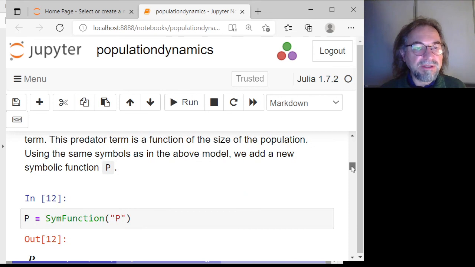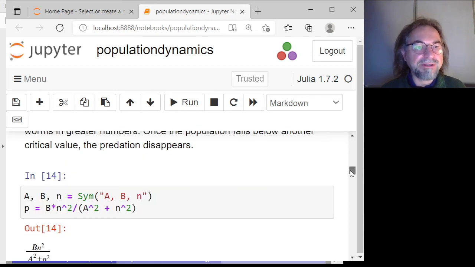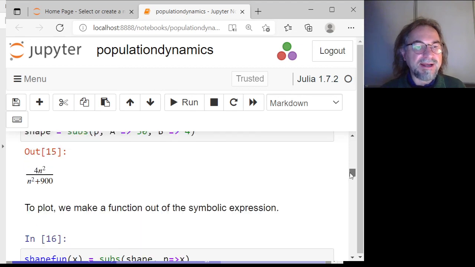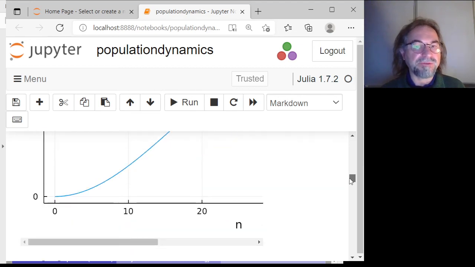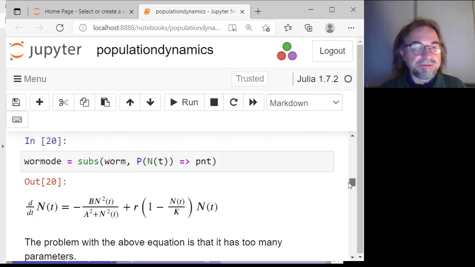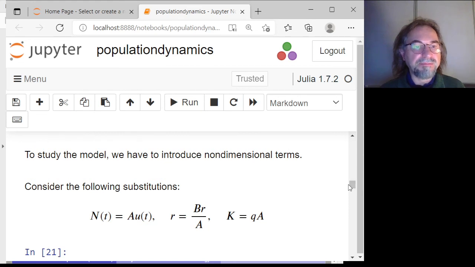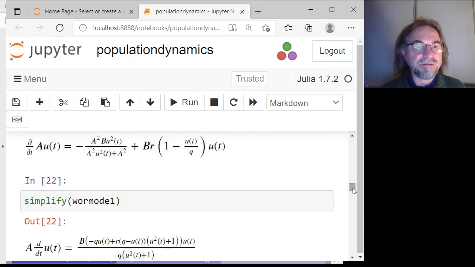With the logistic model with the predator, you see the predator model again, and there things got a little more interesting as far as the simplification goes, or the rewriting of the differential equation. So far so good with the substitution here, but then in the transition to the non-dimensional terms, these substitutions needed to be executed.